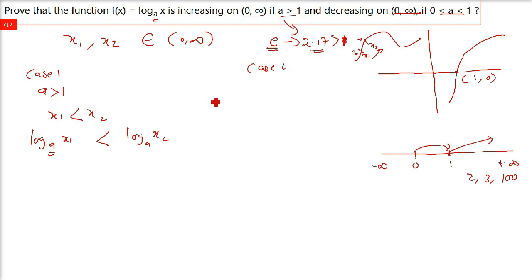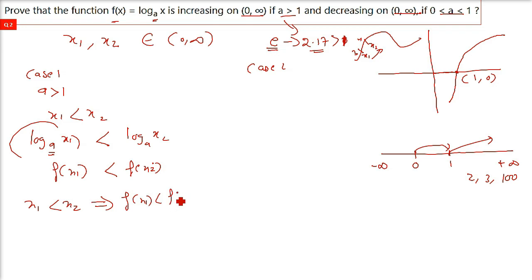Here also the same case: a is greater than 1. So not much more discussion is required, because if natural log follows this, then base a, which is already greater than 1, will too. So f(x1) will be less than f(x2). We are saying x1 is less than x2 implies that f(x1), which is log base a of x1, and f(x2), which is log base a of x2, follow the same less-than relationship. That is why the function is increasing in (0, infinity).